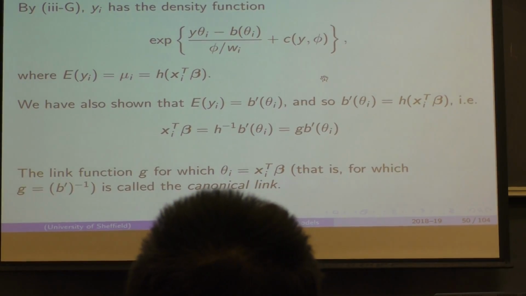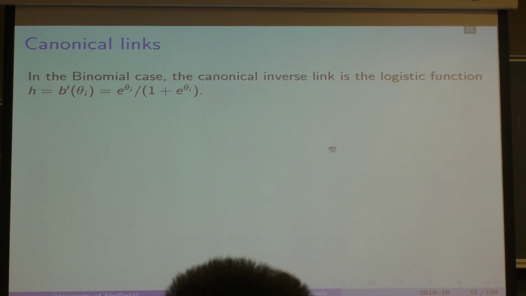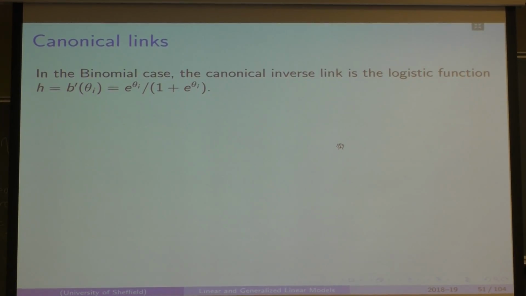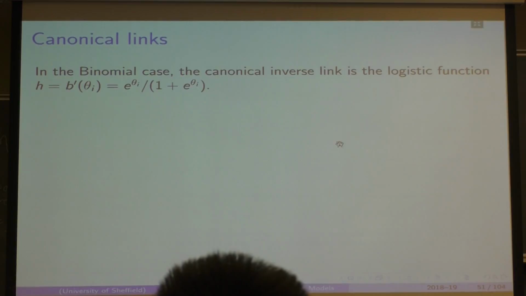Now, we've already seen in our discussion of the binomial distribution how the canonical parameter relates to the mean, and we saw that in that case it's done by the logistic function. So b prime of theta I, the mean expressed in terms of the canonical parameter, is the logistic thing, e to the theta I over 1 plus e to the theta I. Now what we're saying is that for the canonical link, the mean is going to depend on the linear predictor in the same way.